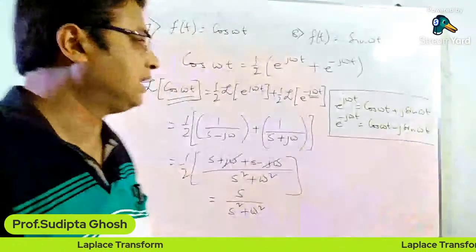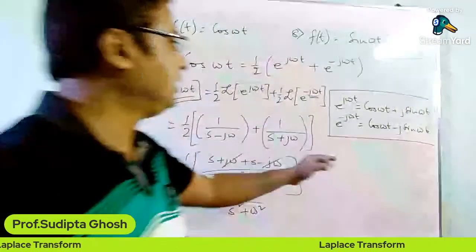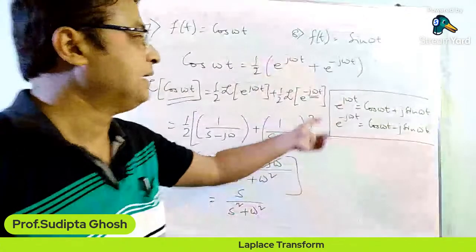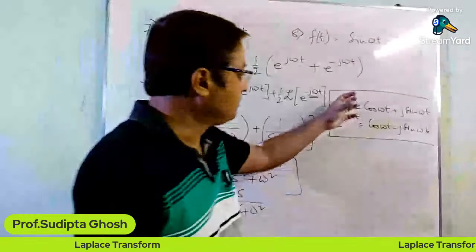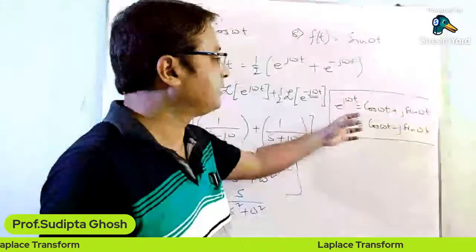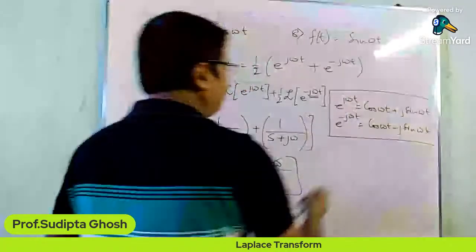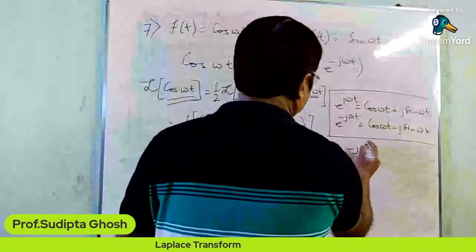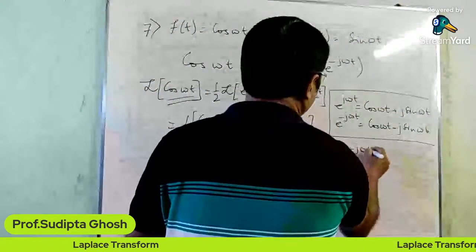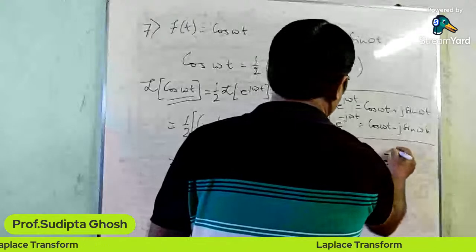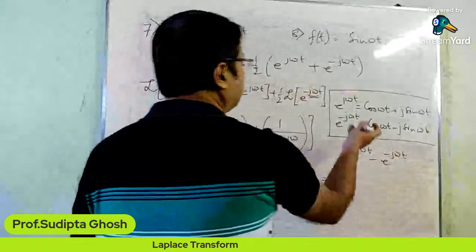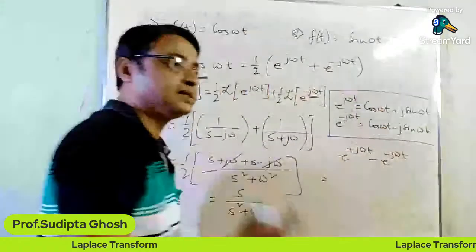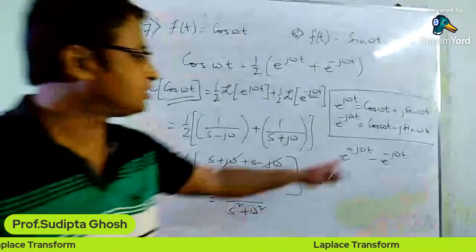what will be the form? The form will be e to the power j omega t minus e to the power minus j omega t. What will you get? You will get cos omega t plus j sin omega t minus cos omega t.